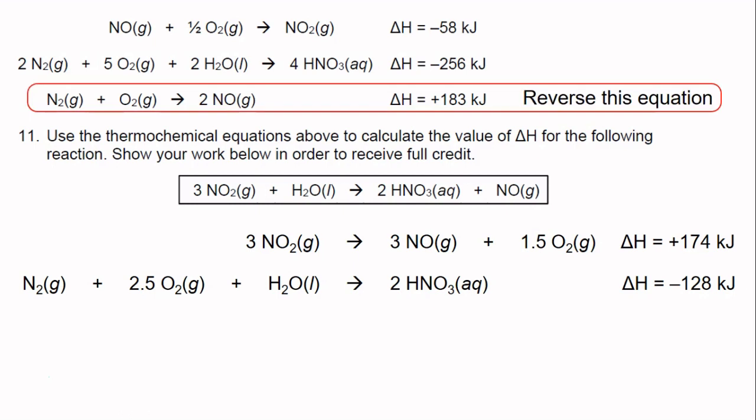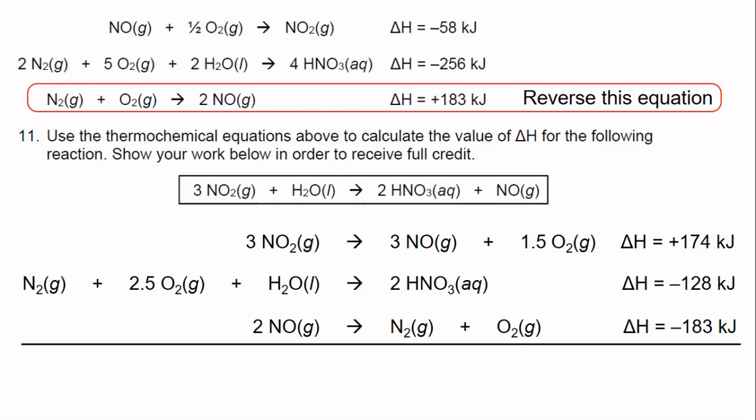And then finally, I'm going to reverse this equation so that I can get the nitrogen and the oxygen to cancel out. So if you're wondering about the nitrogen monoxide, don't worry. We're going to have 2 moles of NO on the left, but 3 moles of NO on the right. So the net difference will be 1 mole of nitrogen monoxide on the right. So it's all going to work out.